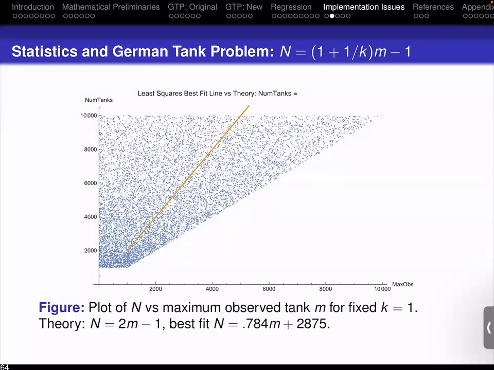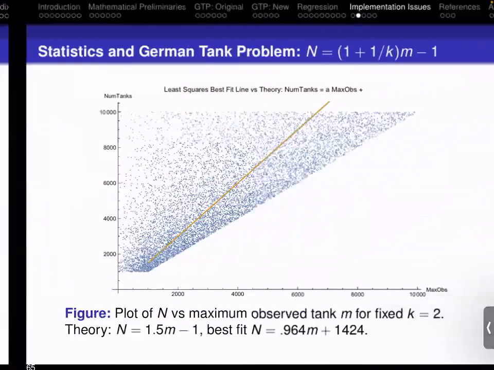You might say, well, this line was devised in this region, it doesn't work for larger values. But I really want something that should work for all values of m. It shouldn't depend on the range I'm working in. This is giving us some idea that there are issues with this best fit line. And I know that constant should be at least 1. Our theory says it should be 2m minus 1.